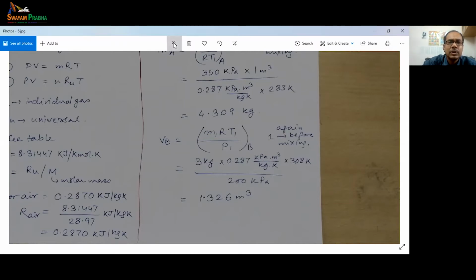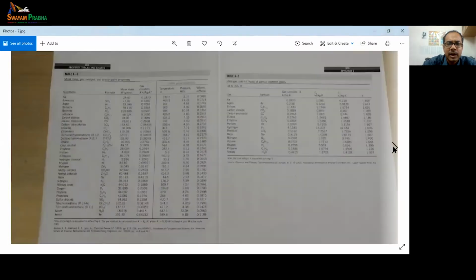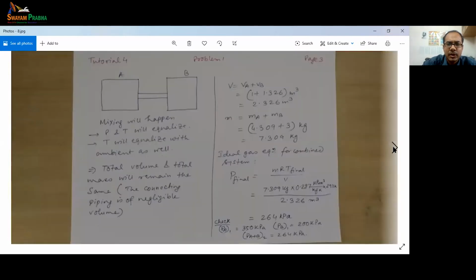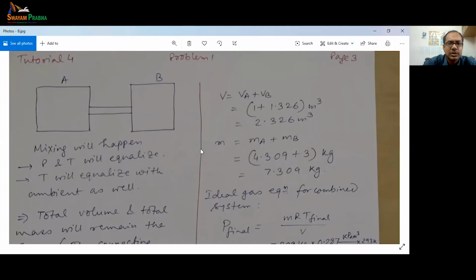Now for both the tanks, tank A and tank B, we know all the quantities that are required: mass, volume, and pressure, temperatures are given. Okay, so let's go to the next portion where we allow the gases of both the tanks to be mixed.